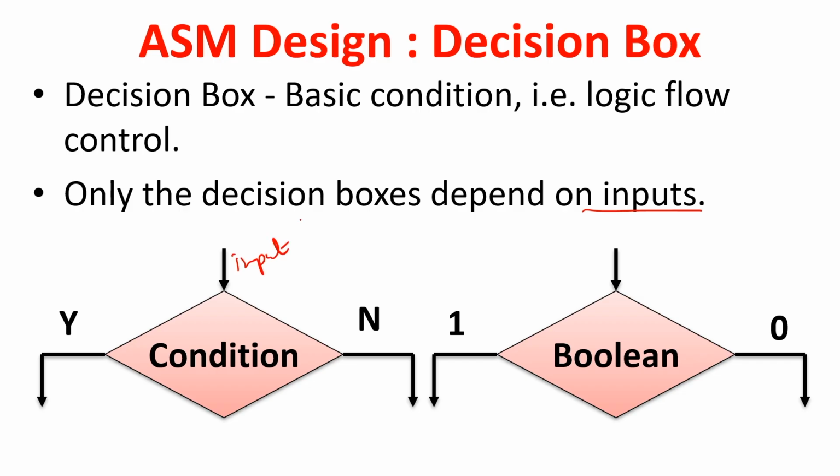Based on the input conditions, it goes either yes or no. If the condition is a boolean, for example testing a bit b 0 as 0 or 1, or some condition, the condition can be an expression, or a boolean value testing a particular bit. Both are similar in this case.